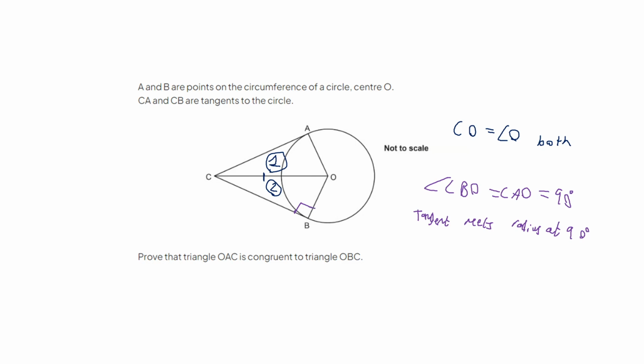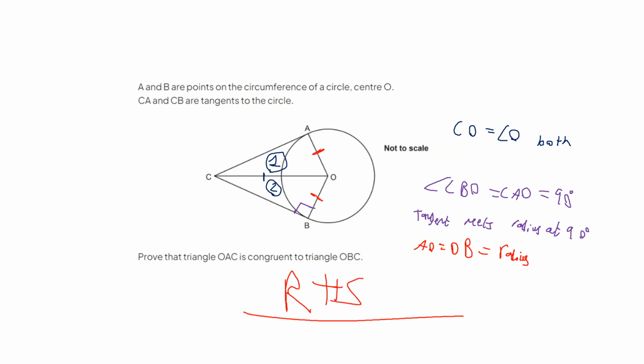We also know that AO is equal to OB. Why? Because they are the radius. So now we have a right-angled hypotenuse and a side. And so therefore, OAC is congruent to OBC.